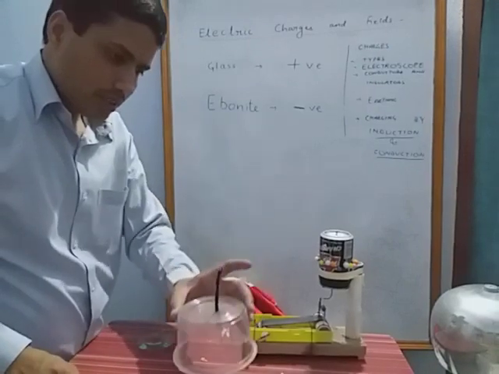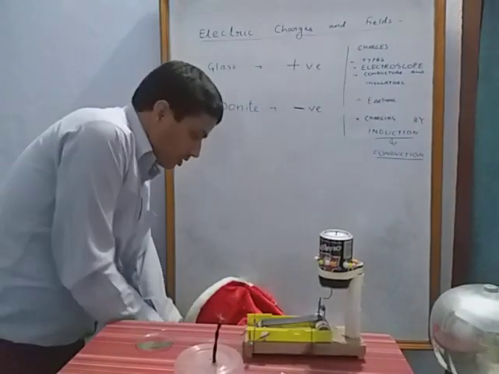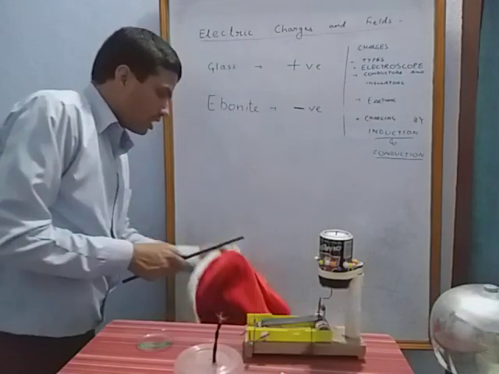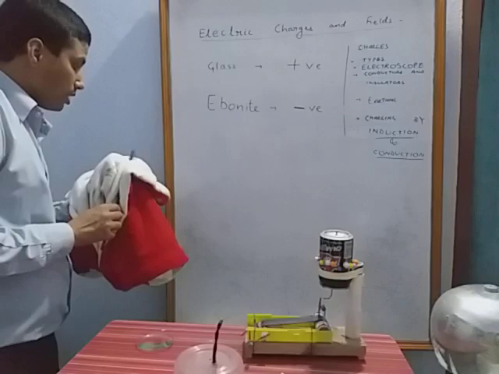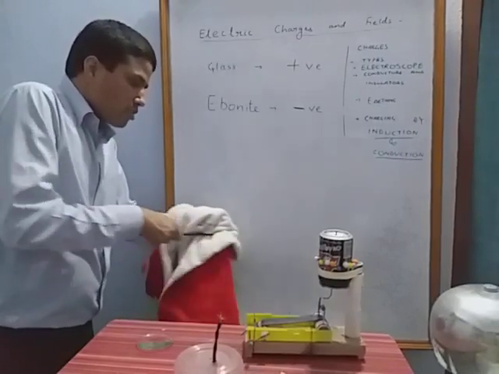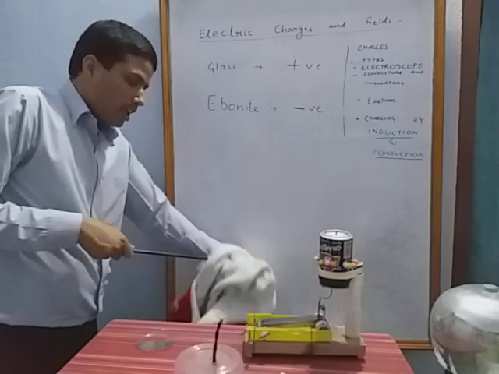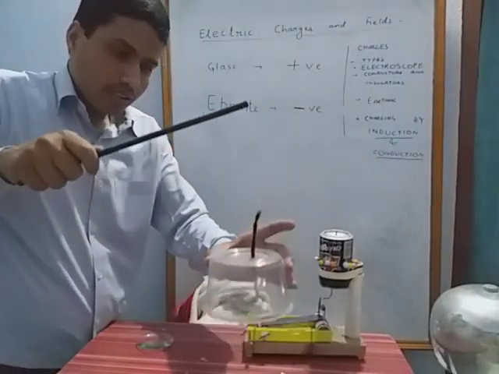Now I'll bring the oppositely charged rod. I'll rub it. It should decrease the charge on the aluminium foil, and therefore the repulsion should decrease.